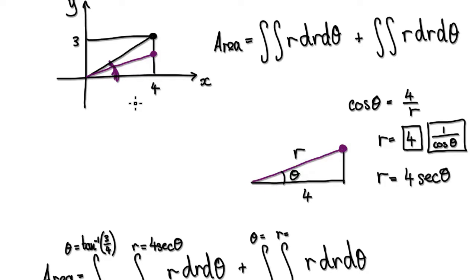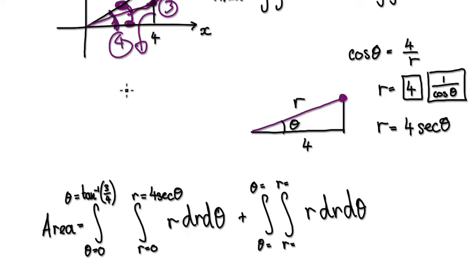If you look at this triangle, the sides are 4 and 3. What is this angle here? This angle is given by inverse tan of 3 over 4. So we're scanning from an angle of 0 to an angle of inverse tan 3 over 4.